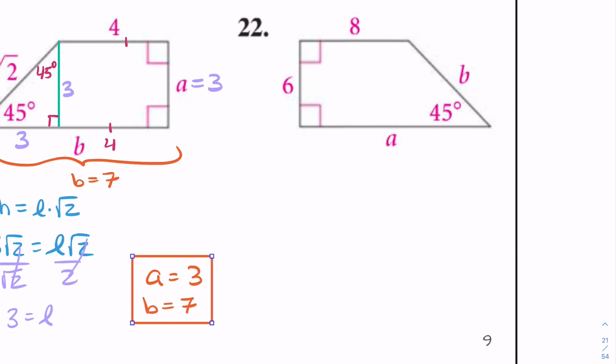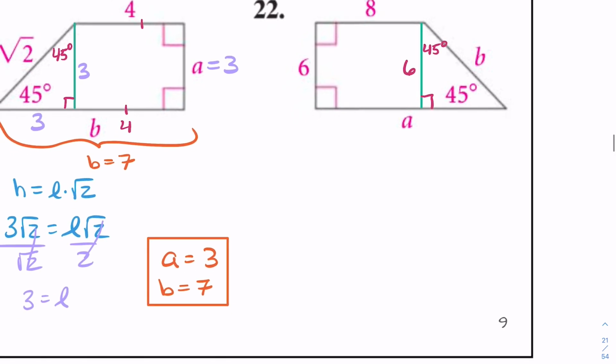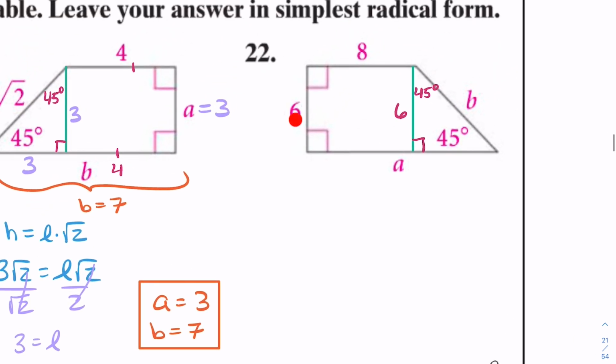All right. Same thing for this one over here. We have a 45, 45, 90. And this is going to be 6 because it's traveling from the left-hand side to the right-hand side. So H equals L times the square root of 2. They give me the L, so H is equal to 6 square roots of 2.